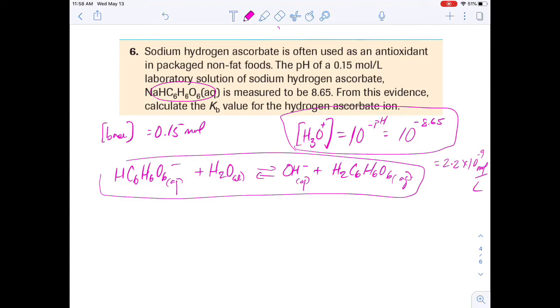So I could calculate the concentration of hydroxides, because the concentration of hydroxide times hydronium equals Kw.